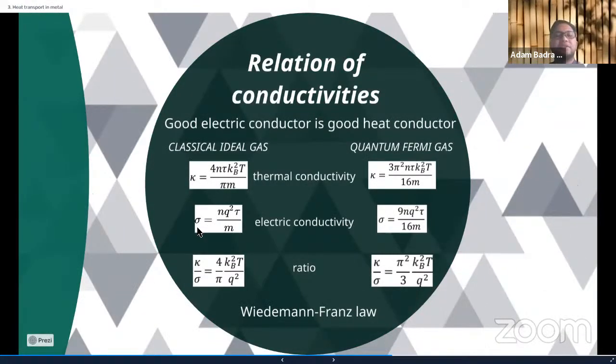So this Wiedemann-Franz law only holds for metal. Why? Because in metal, electrons can move more freely than phonons. So the thermal conductivity of the electron is usually very large compared to the phonon in the metal.